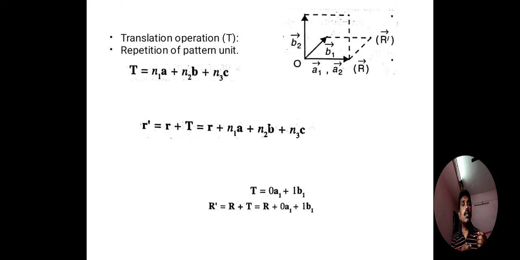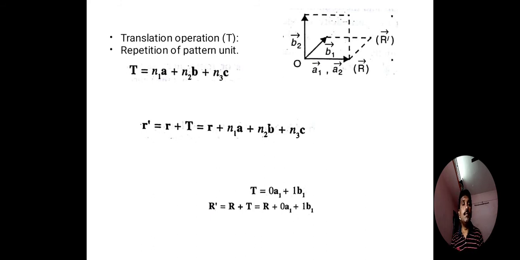This repetition of atoms continuously goes on, but OA1 is one vector and OB1 is another vector, and this repetition of the pattern unit, the group of atoms, gives you translation. Translation means a repetition operation.